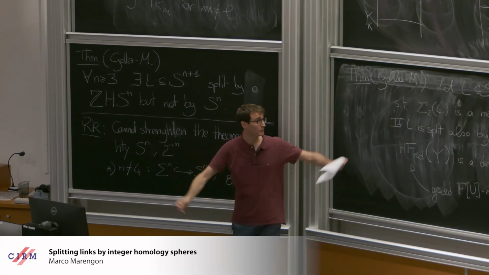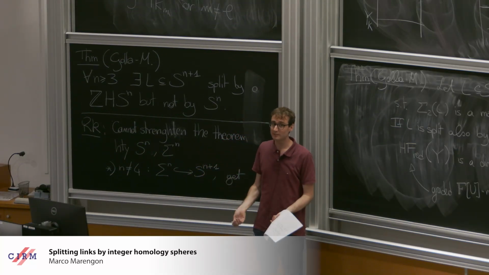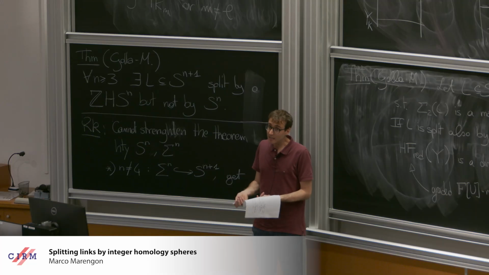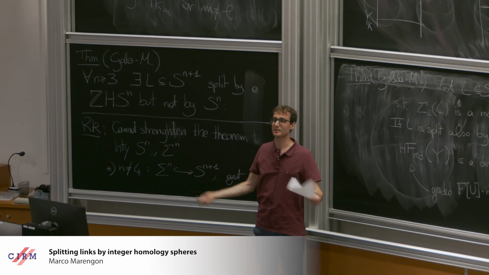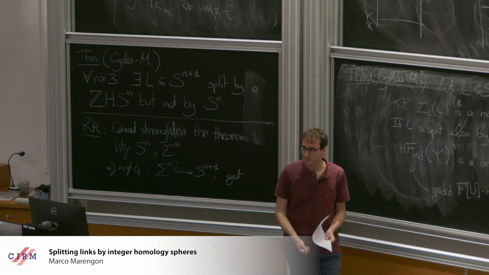And to prove it, we use this theorem. We just prove that as graded F[U] modules, the HF red of the Y_KL's are never a direct summand of each other. So that's it.